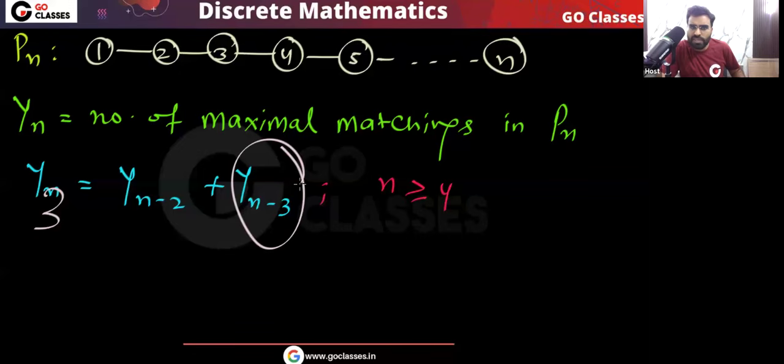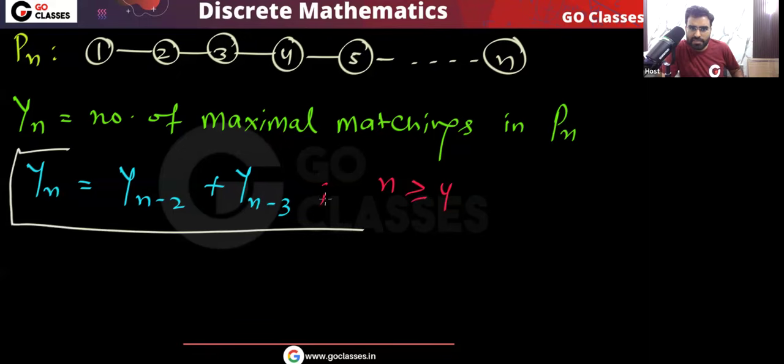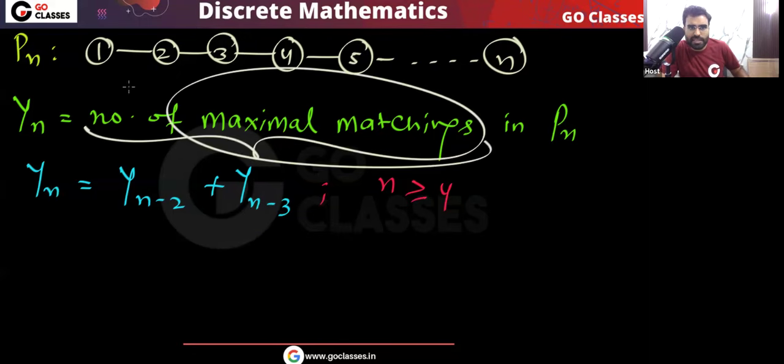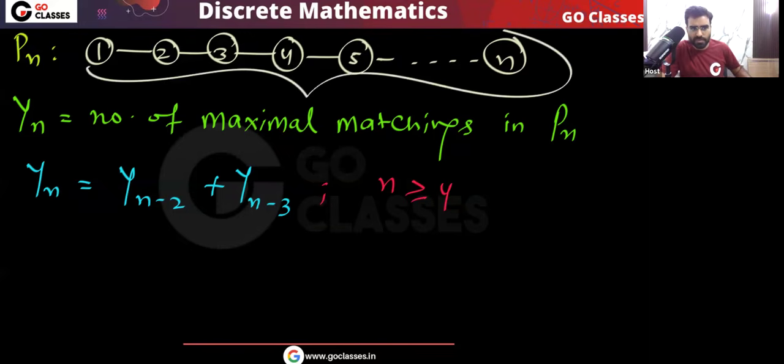But we don't have y0 because there is no path graph on 0 vertices. Every graph must have at least one vertex. So you can see that you can start with y4. That will be y2 plus y1. y2, y1 we have already found manually. These were the base cases. So very simple. This is the recurrence relation for number of maximal matchings in path graph on n vertices.